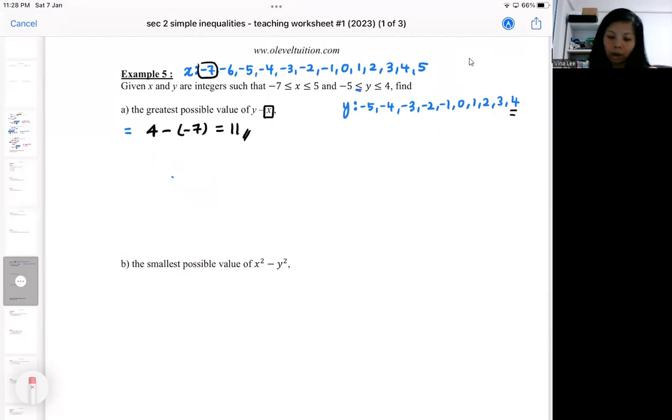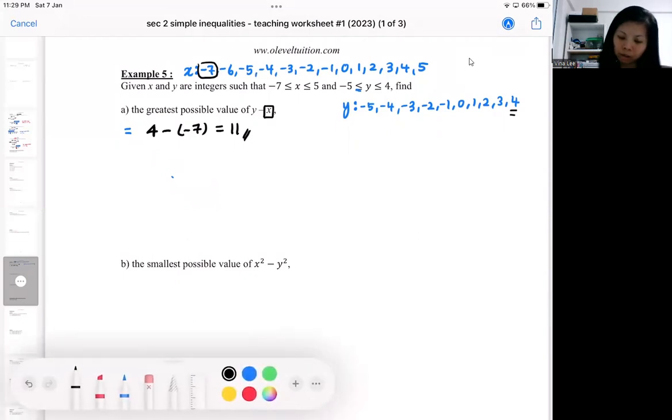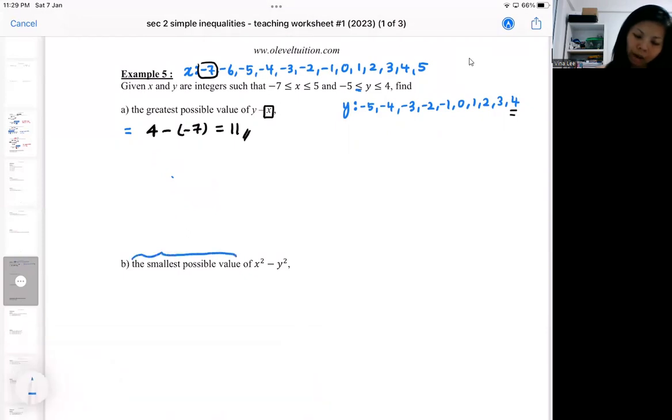Okay, where you will need to find the smallest possible, you need to think about as negative as possible. Because if you got a very negative number, it will be a very small number. So you need something squared to minus.